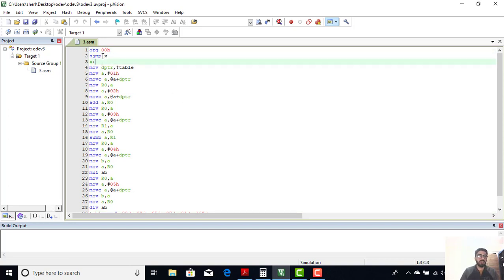After writing 00 hex is jump start, then start. Now we need to define the table to the data pointer.